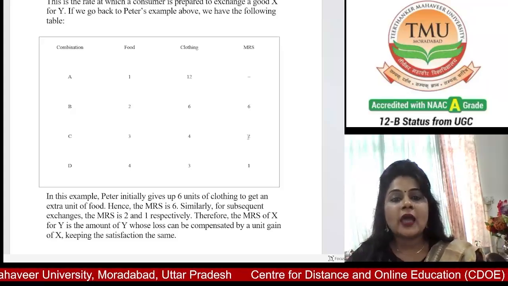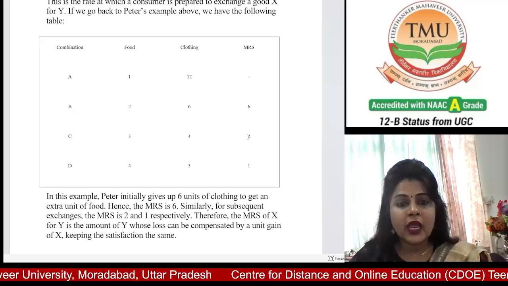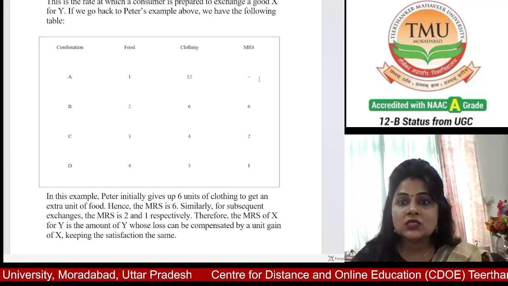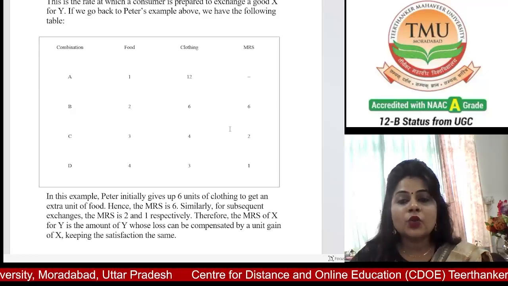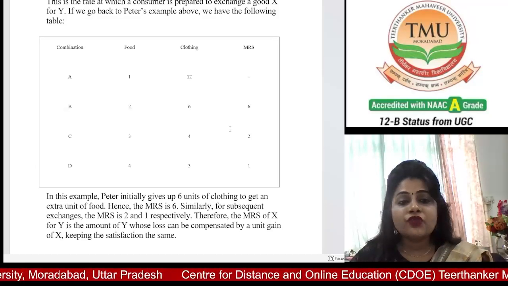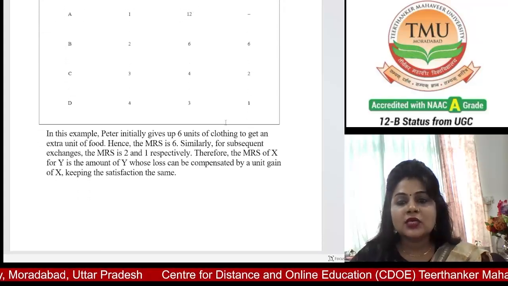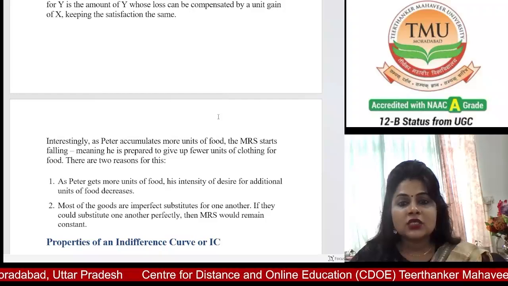As Peter gets more units of food, MRS starts falling. Here you can see in this schedule, it means he is prepared to give up fewer units of clothing for food. There are two reasons for this.